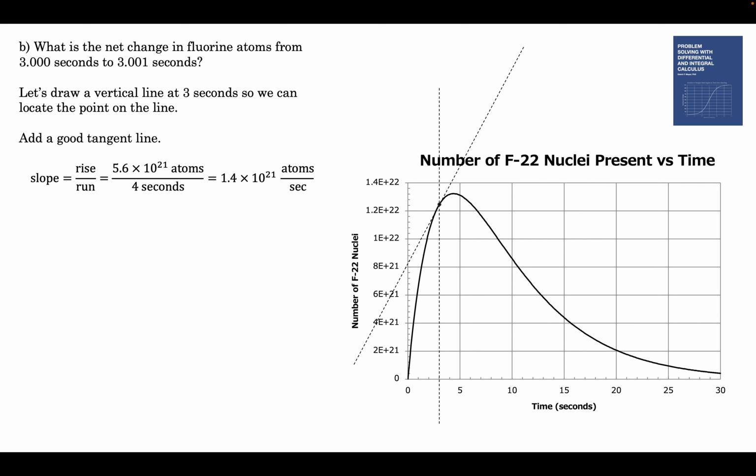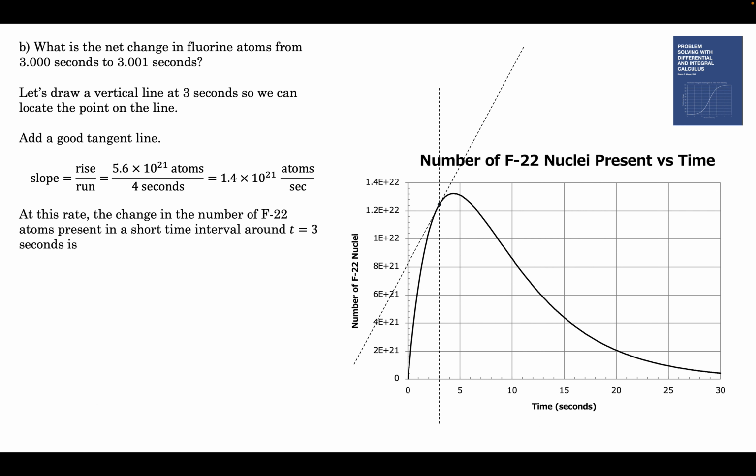The rise goes from about 8.4 to 1.4, which is 5.6 times 10 to the 21st, and the run is 4 seconds. So that's the decay rate at 3 seconds. This is the decay rate anywhere around 3 seconds.